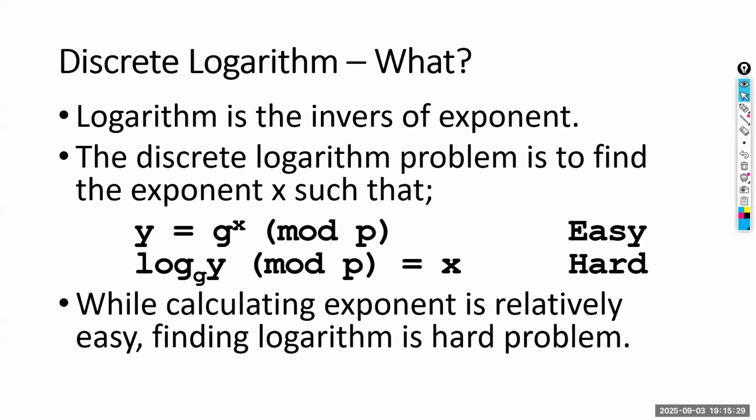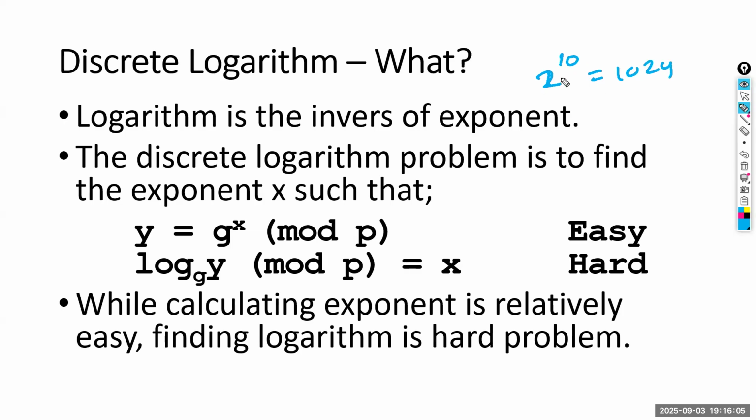Right. So the second related concept is the discrete logarithm. We all know that logarithm is the inverse of exponent. You all know that from O level, and we also discussed logarithms and exponents in semester one maths. We know that 2 to the power 10 is 1024.